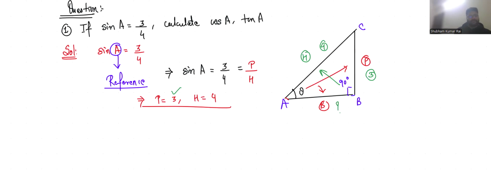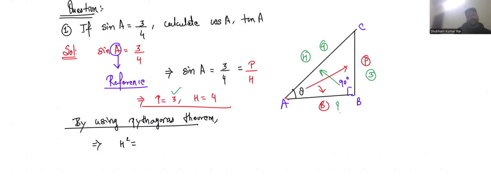So by using the Pythagoras theorem, from here we know the relation: hypotenuse square is equal to perpendicular square plus base square.